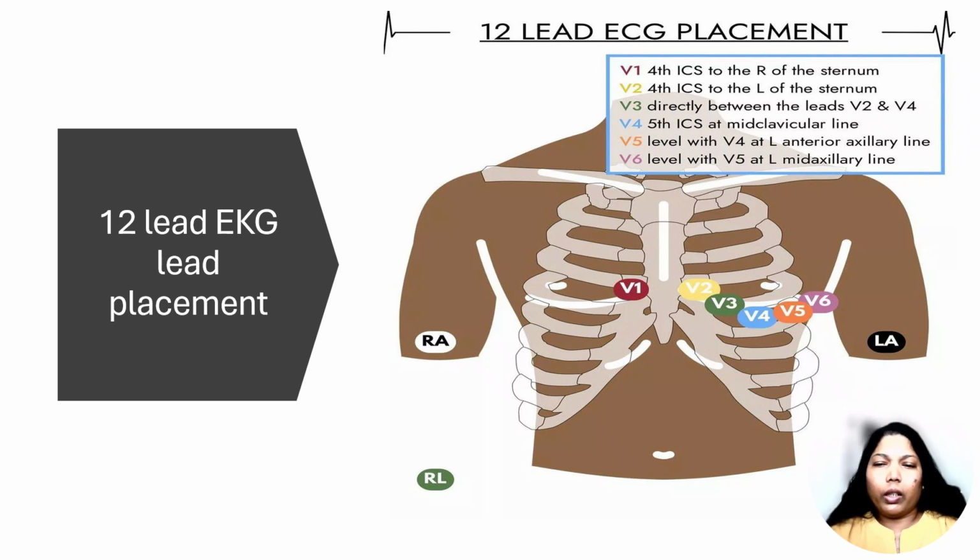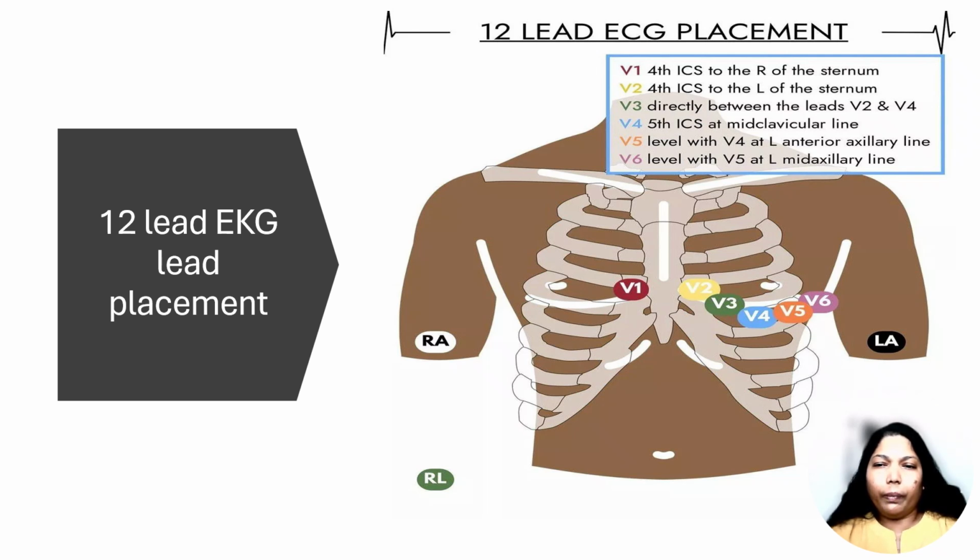It is placed in the fourth intercostal space to the right side of the sternum. Then V2 goes in the same line towards the left side of the sternum, in the fourth intercostal space. So V1 and V2 both are placed in the fourth intercostal space.